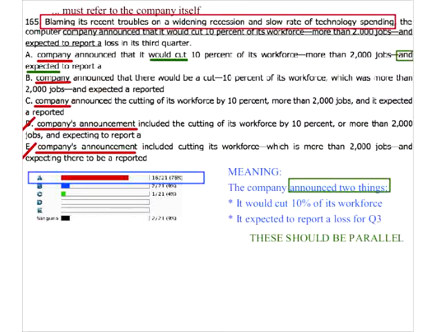In choice B, the parallel structure is not between the right things. If you look at the parallel structure in choice B, the things that they've put in parallel are announced and expected. These aren't the right items.